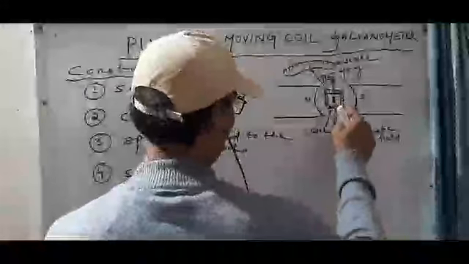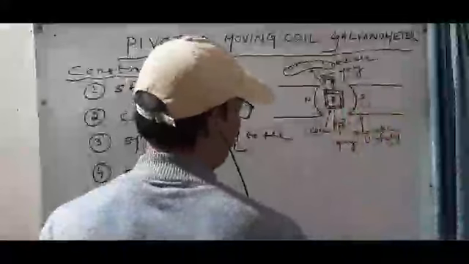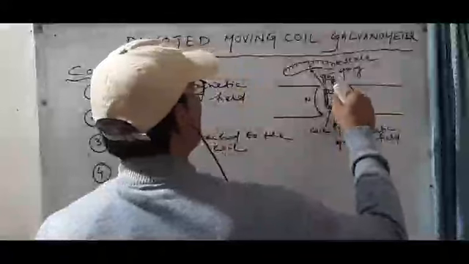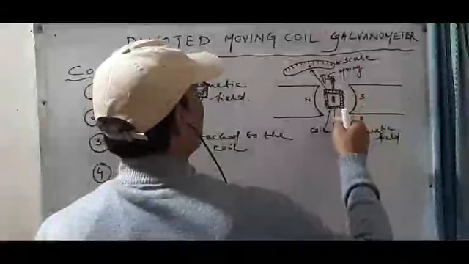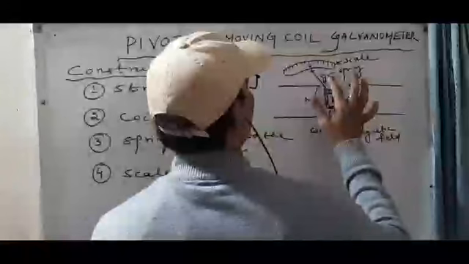So here, in between the two poles of the magnetic field, here is the coil that is wound up on an aluminum plate, and this is pivoted at the center, on this rod. Okay, so this rod is connected to the spring.